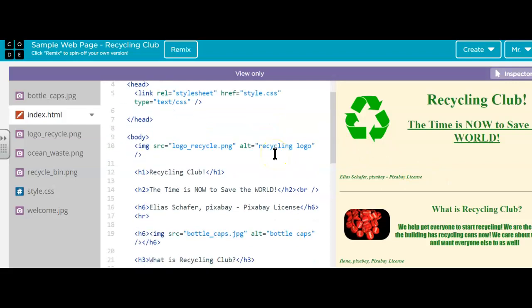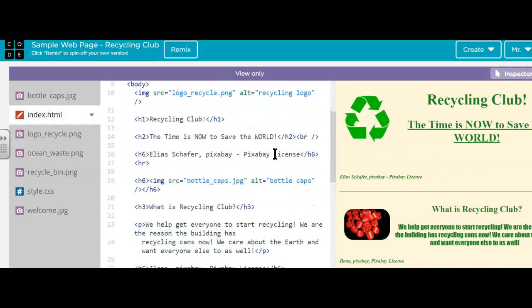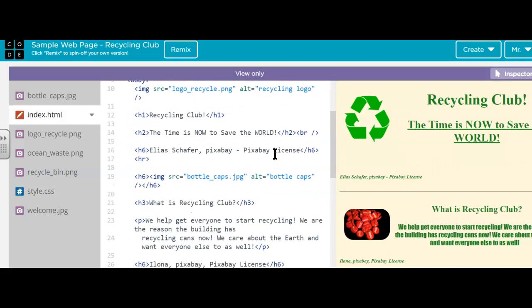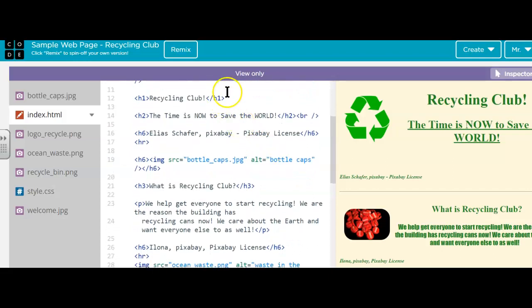We can see that as they begin to set up this page, they set up this page with a header 1 for recycling, and then they use the time is now, which is a header 2, and H6, which is given credit where credit is due. We can easily tell that by looking at the preview pane, we can see that there are different sizes being used.